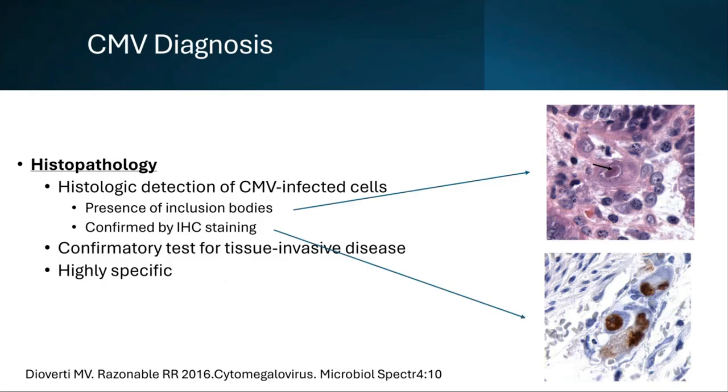Again, this is just a couple of pictures to show you how CMV appears on histopathology. I did show you this picture that shows the presence of inclusion bodies in the right upper corner, and in the right lower corner, you see how CMV stains on immunohistochemistry.